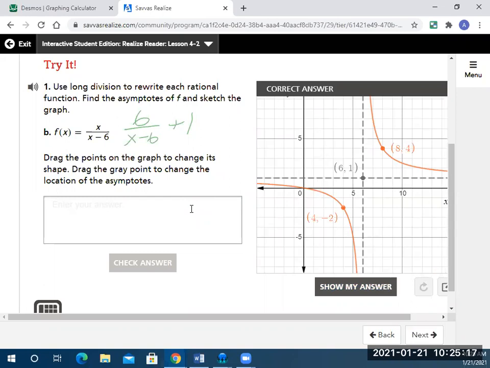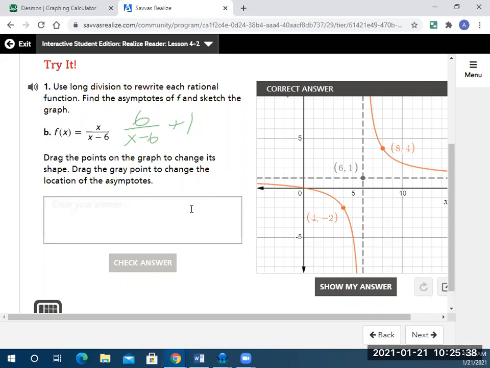With this function, since it shifted 6 units to the right, where is our vertical asymptote now? x equals 6, right? And our graph shifted up 1.